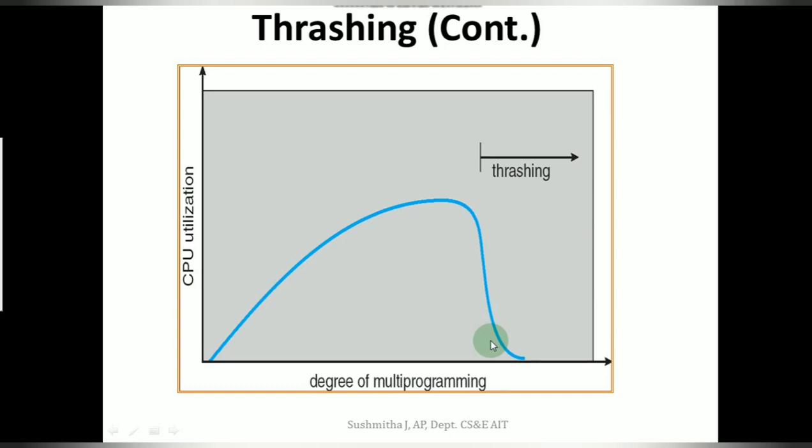So again that will also start faulting. The CPU utilization is triggering a chain reaction of high page faults, and that will immediately start thrashing.